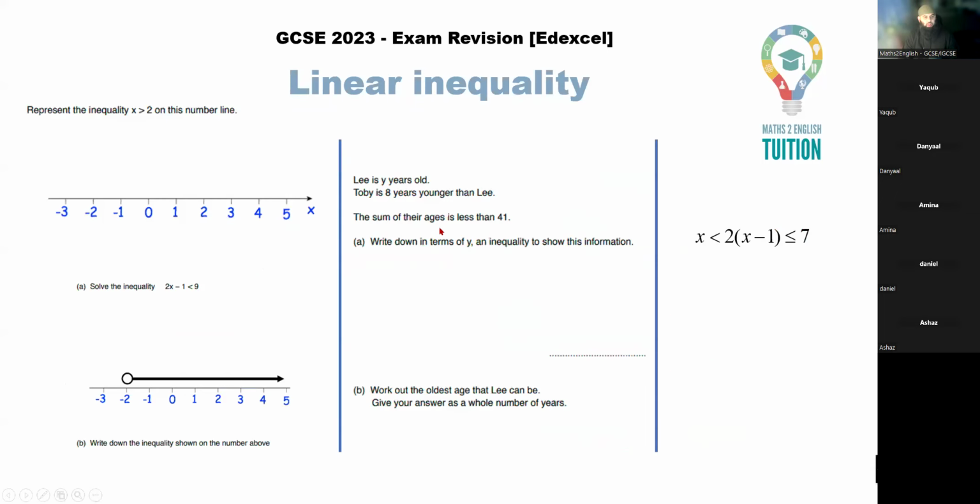Okay, linear inequality. So we have to represent x is smaller than 2. The crocodile mouth always goes for the bigger target. Remember, the crocodile will always go for the bigger target. So for example, 2 will always be bigger than 1.